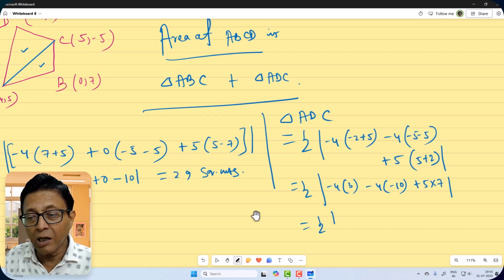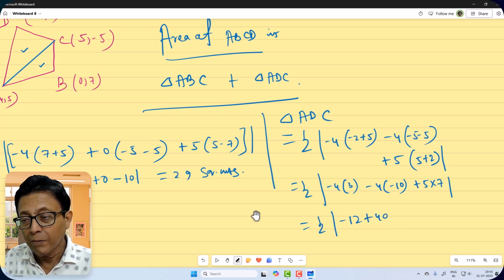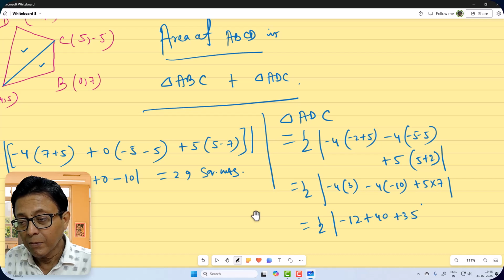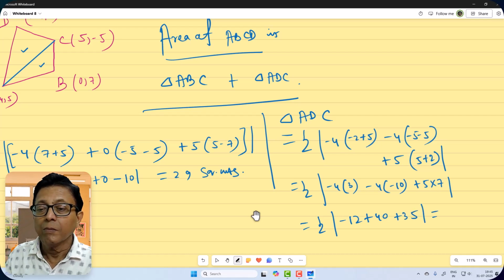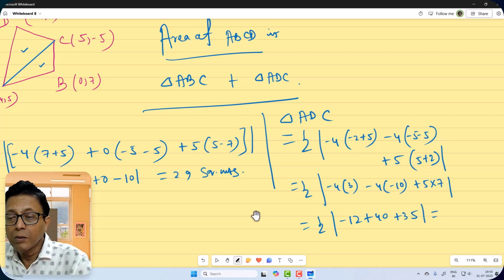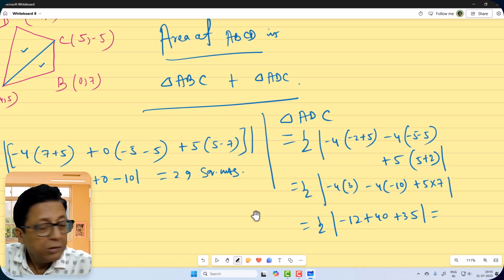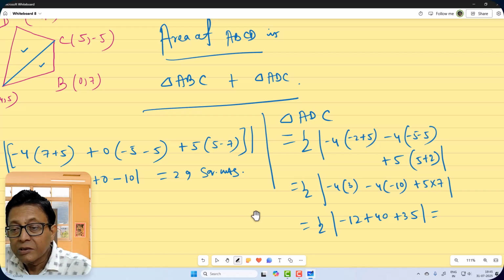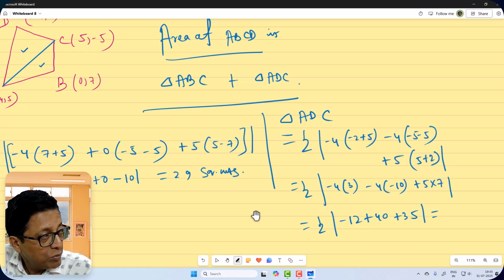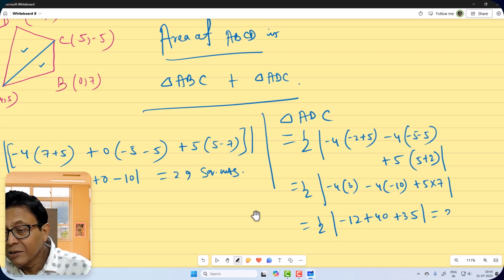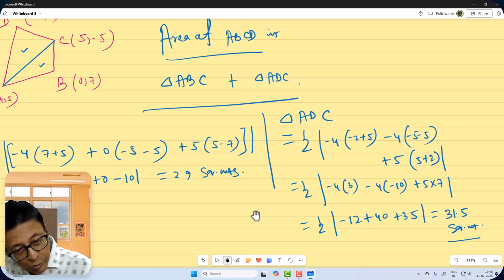So there will be half (75 minus 12), 63 by 2 square unit.